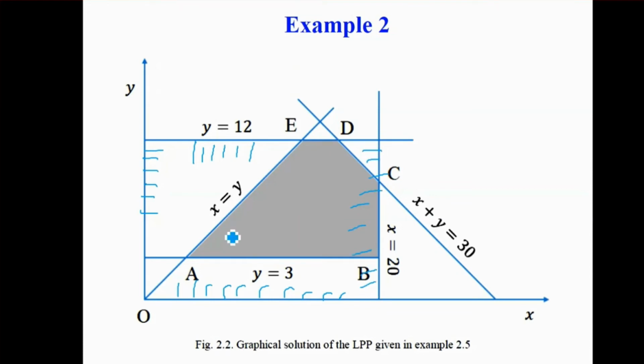Then x minus y equals 0, that means x equals y, if we have taken, then the less than sign is there. So if I have less than, then what will happen? This will be this region, like that it will go. Then another is y minus 3, less than 0, sorry, greater than 0.